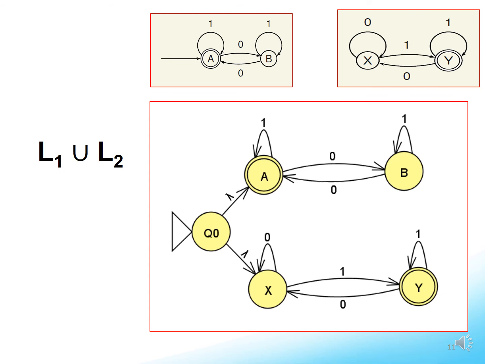Because of this non-deterministic behavior, the resulting machine will be able to accept any string accepted by the first machine or the second machine. In other words, we will have a machine that can accept the union of L1 and L2.